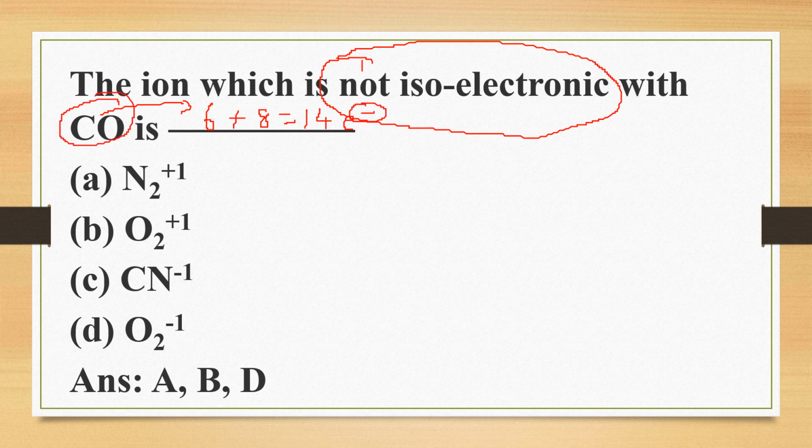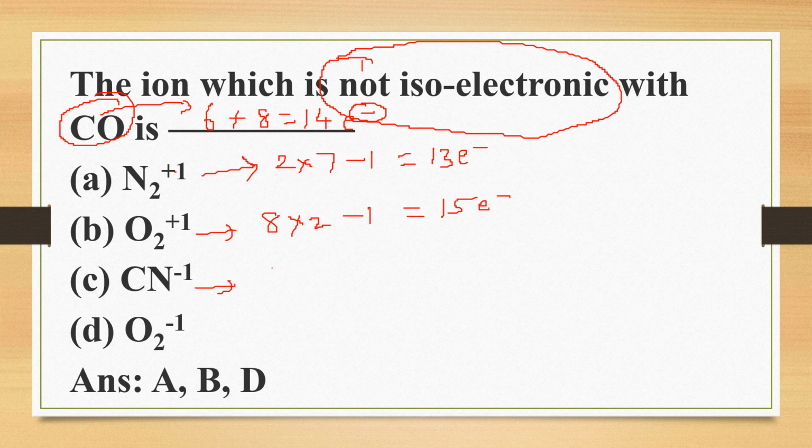CO, carbon monoxide. Now we'll go through N2 plus. 2 into 7, here plus is there. Plus means it is donating, so minus 1, 14 minus 1, so 13 electrons are present. Then what about this one? 8 into 2, 16, minus 1, that is 15 electrons are present in O2 plus.